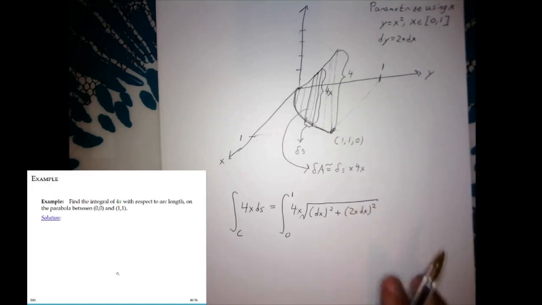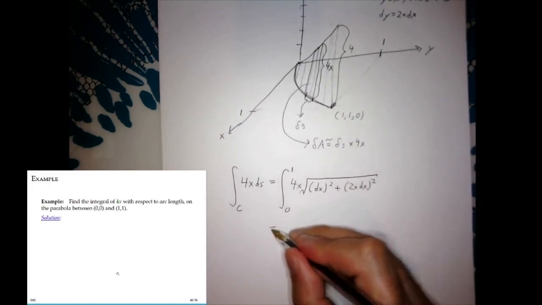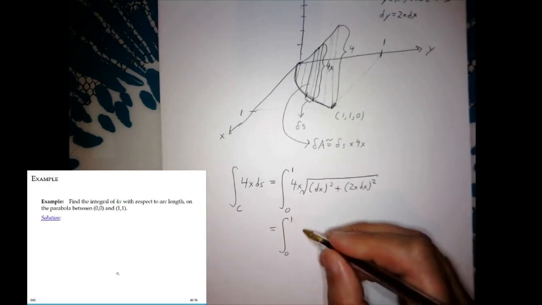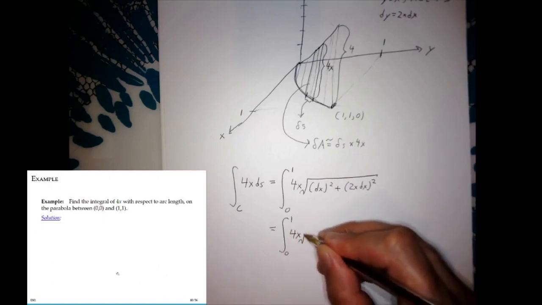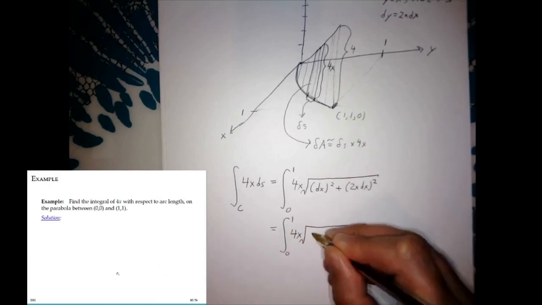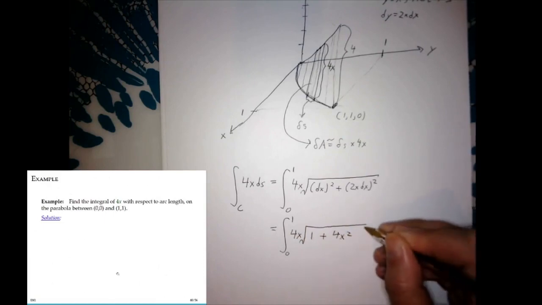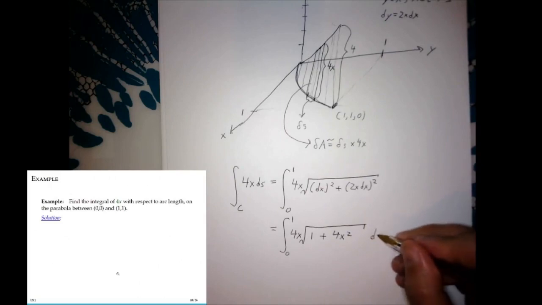All right, and then we'll factor out the dx squared from the square root. And the single integral we need to calculate is the integral from 0 to 1 of 4x times the square root of 1 plus 4x squared dx.